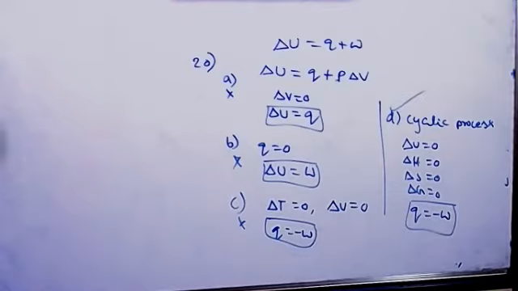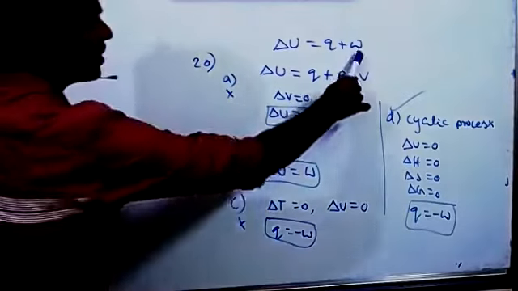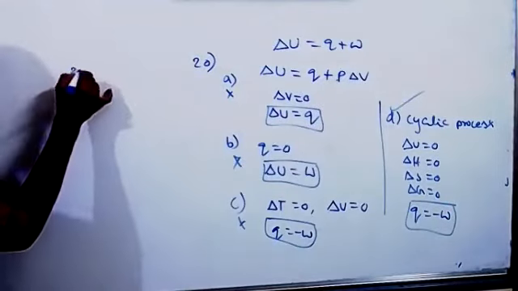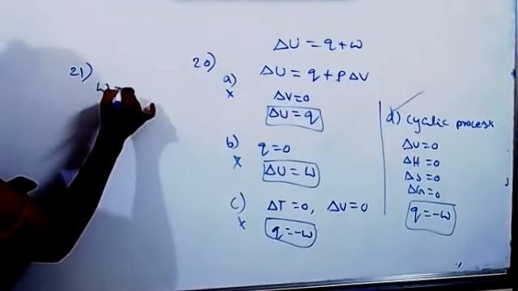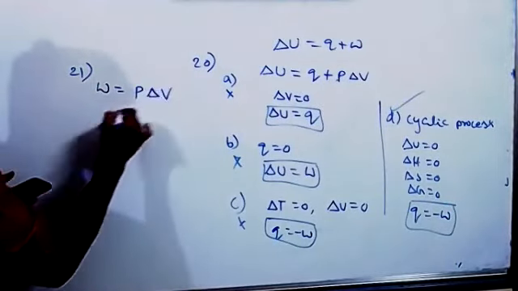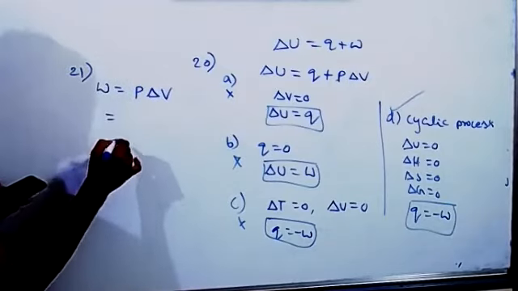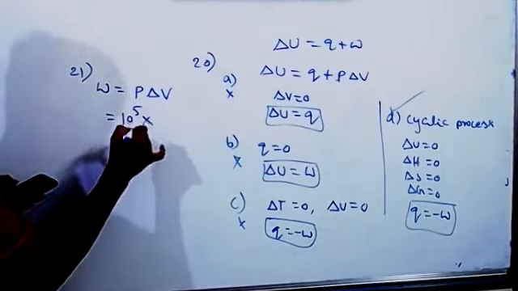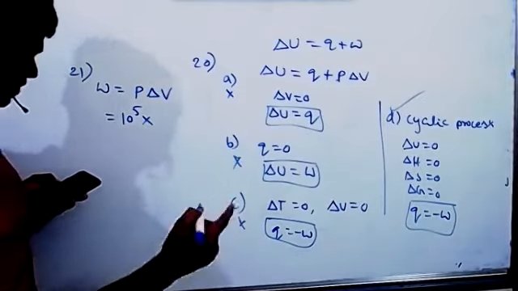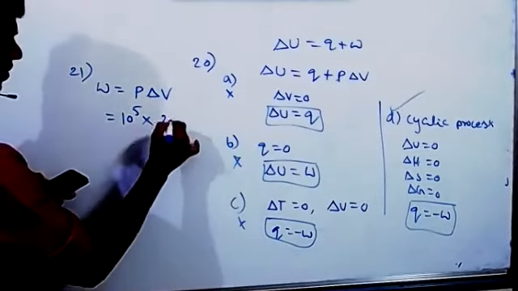Next, 21. A gas expands from a volume of 1 meter cube to a volume of 2 meter cube against an external pressure of 10 power 5 dyne meter power minus 2. The work done by the gas will be? Same formula, we are using W is equal to P into delta V. Pressure is external pressure, 10 power 5 into delta V. 1 meter cube becoming 2 meter cube, so 2 minus 1, 1 only.